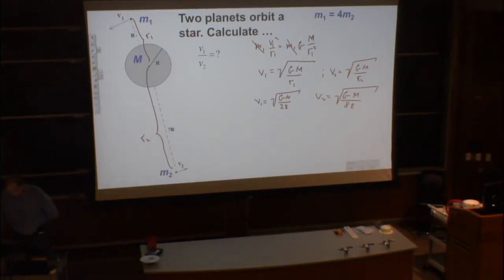It looks like we have too many unknowns, but when we are looking for the ratio, they get canceled. So for example, here we get this divided by this. The central mass, big M, is not given. The radius of the planet, R, is not given. But they don't matter. They're getting canceled.